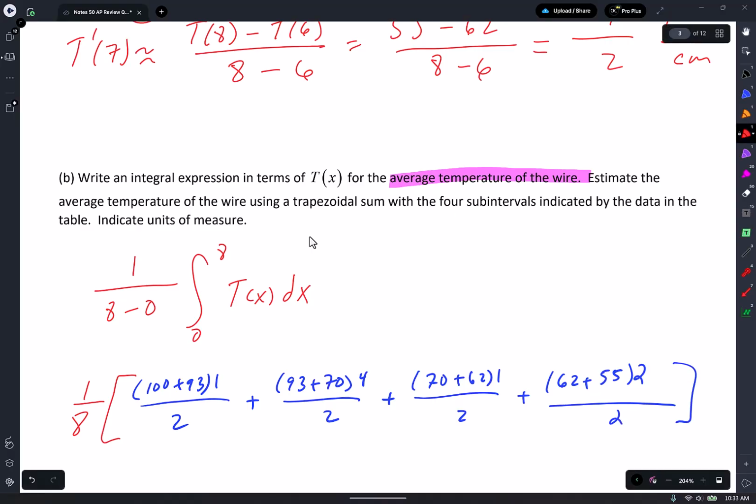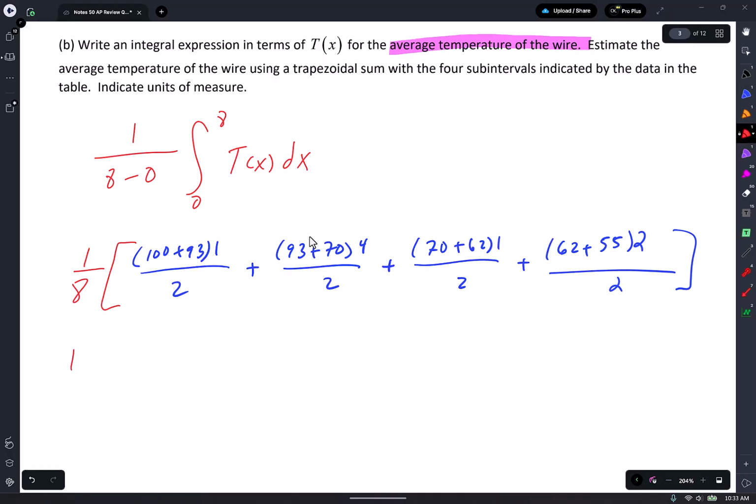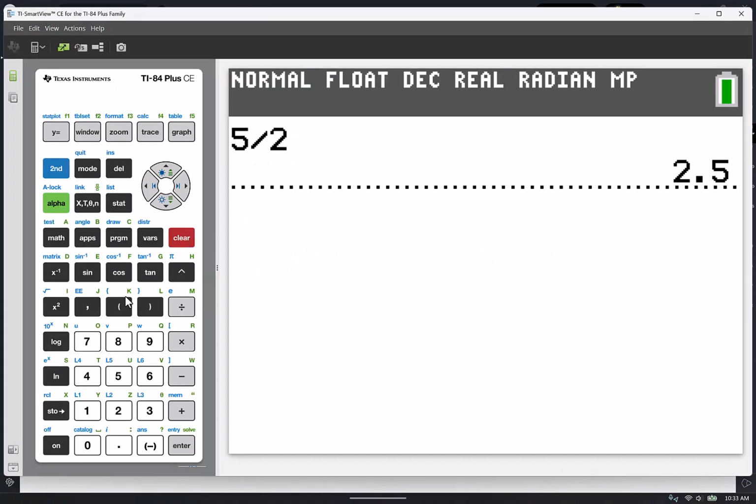If it were non-calculator, I would tell you to leave it alone. Do we have a calculator? Yes. Okay. I'm going to go 1/8, and then someone tell me what all that stuff on the inside of that bracket is. 100 plus 93. Okay, I'll do it. Oh, sorry, I thought you were asking us to call it out.